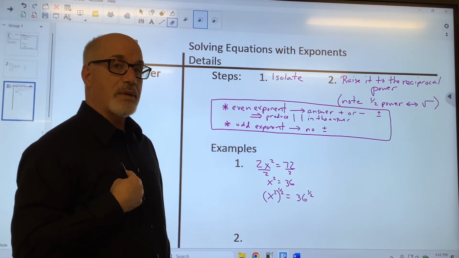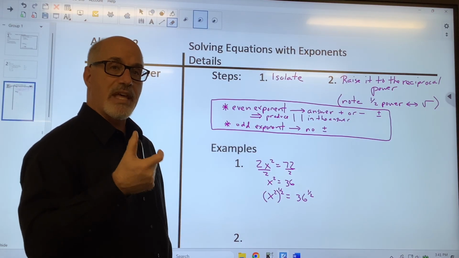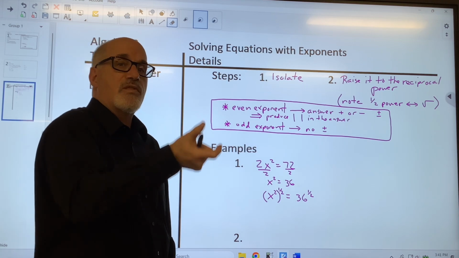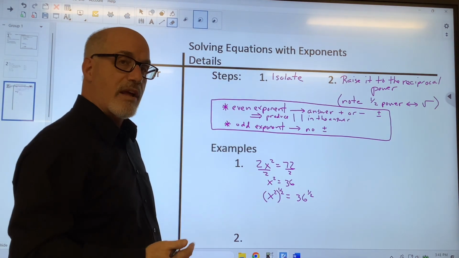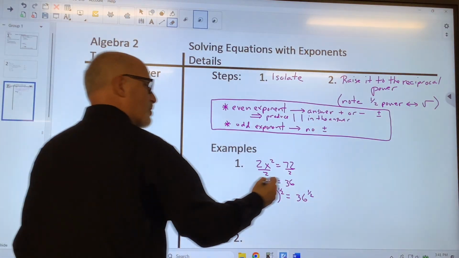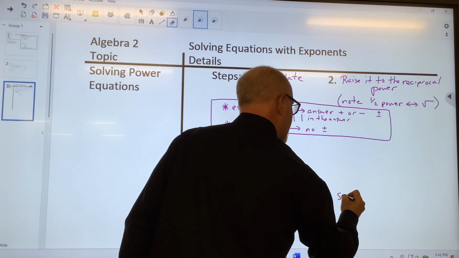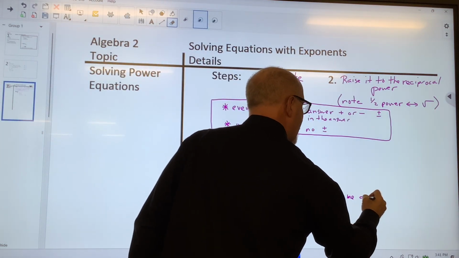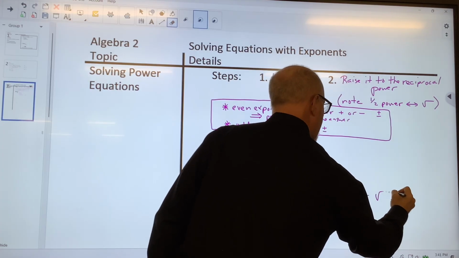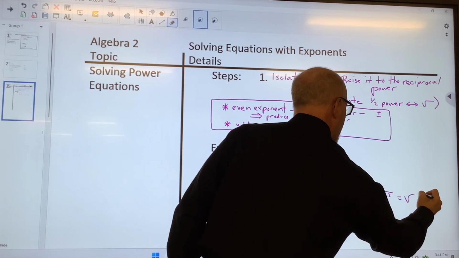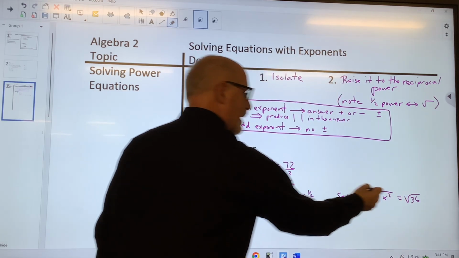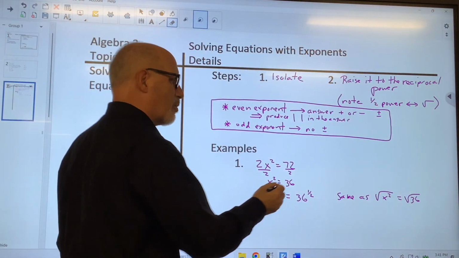That's only helpful because at times you'll have a power that is a fraction, and if you do its reciprocal, if you flip it over, it can solve it without having to worry about the root. So I'm going to put over here, same as the square root of x squared equal to the square root of 36. Now what we have here is the square root of x squared.